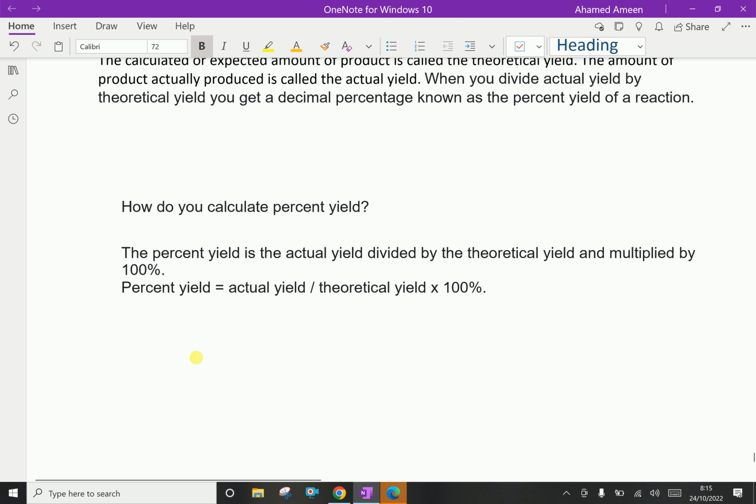So we have to calculate percentage yield by using the formula. Percentage yield is equal to actual yield by theoretical yield into 100. Here, yield is how much work you are getting out, how much heat you are getting out from the reaction.